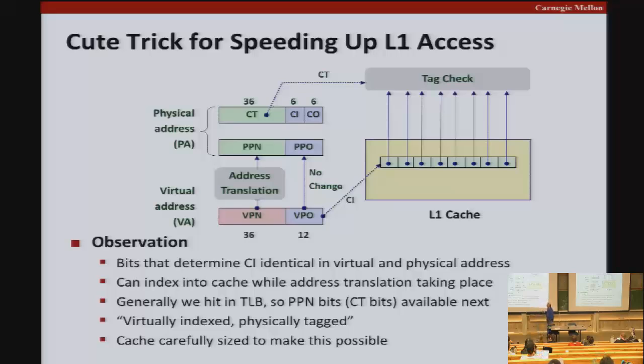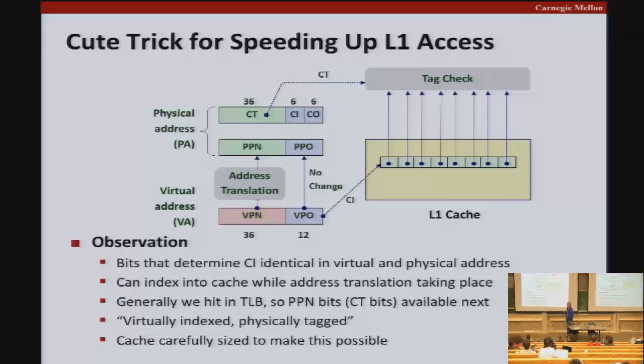So here's the idea. I have my virtual address. That's what the CPU presents to the memory management unit. We have to turn that virtual address into a physical address. That takes time. Even if I go through the TLB, it takes time. It would be nice if, in parallel to translating the virtual page number to the physical page number, I could start figuring out whether or not this address is going to be in the cache.